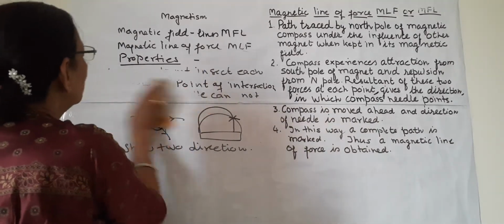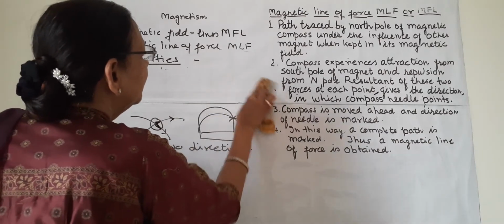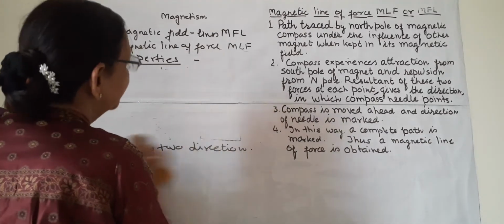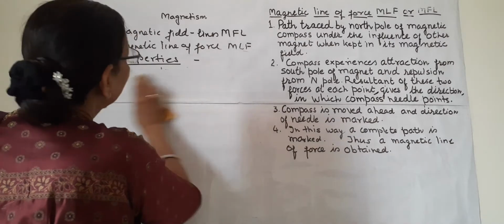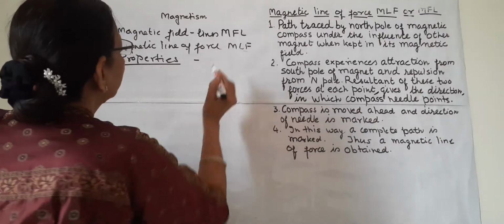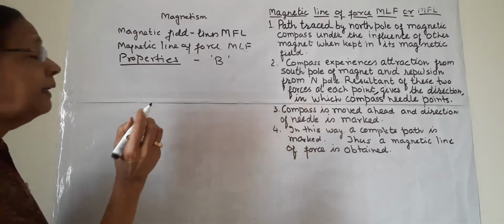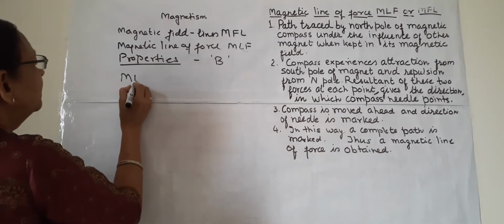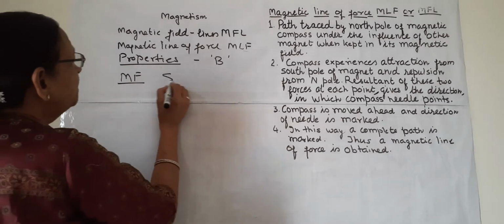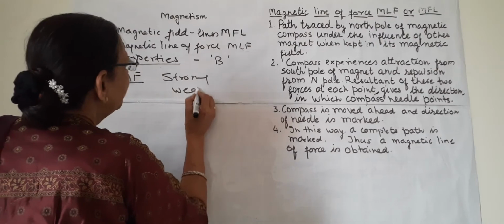And one thing more I want to tell you about the magnetic field. The strength of the magnetic field, I have told you, is depicted by a capital letter B. Now this magnetic field, we can write like this also. It may be strong or it may be weak.